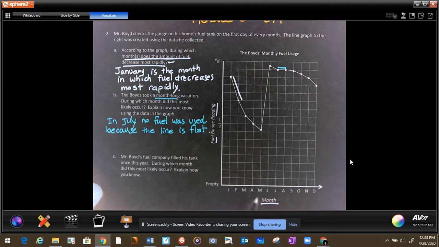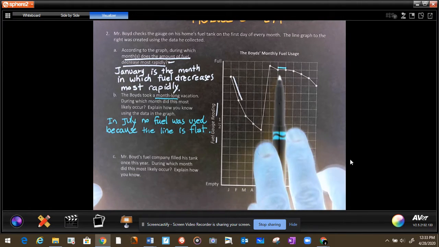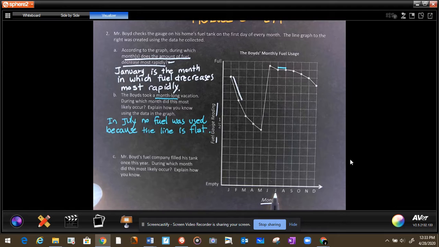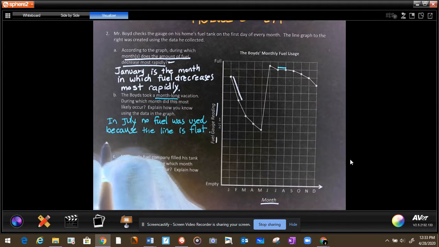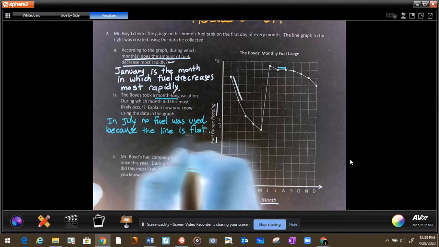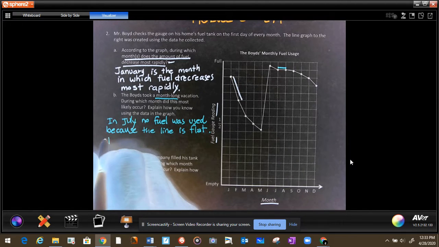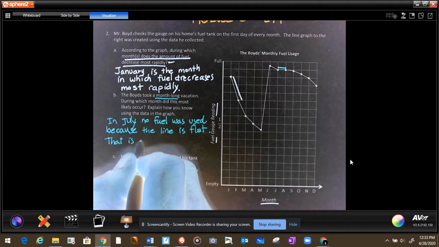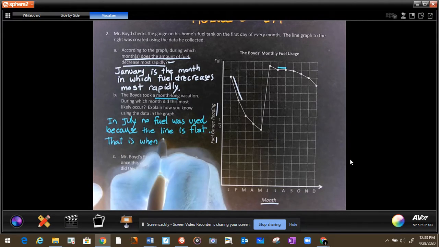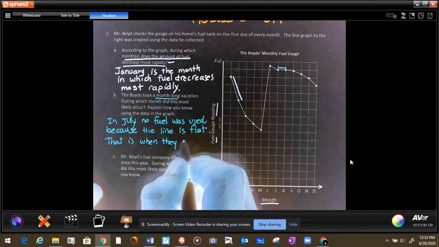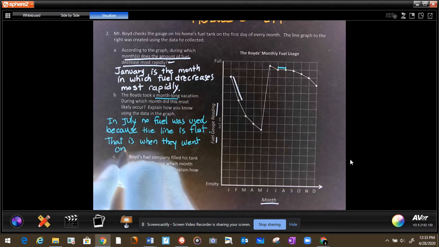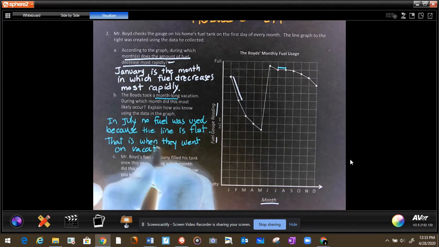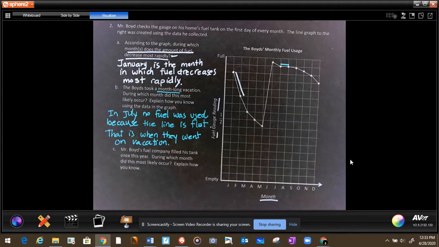We can say the line from July to August is flat. And the reason is this is flat. So that is when they went on vacation. Question number 2 is answered.